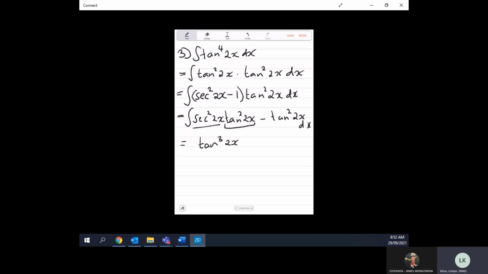We divide by 3 and then by 2, which is the same as dividing by 6. And then tan squared of 2x, that one we have to again rewrite as sec squared minus 1. So we have minus the integral of sec squared 2x minus 1 dx.